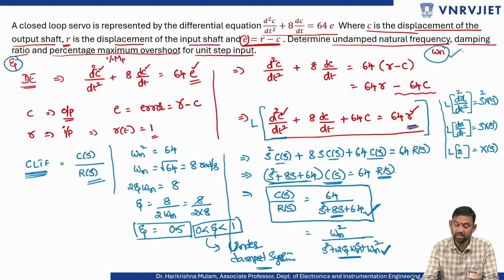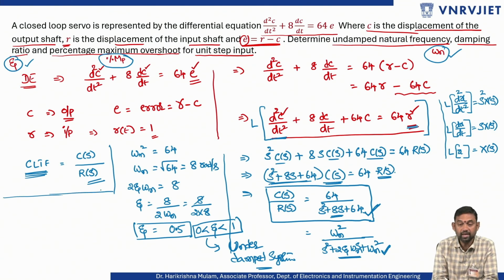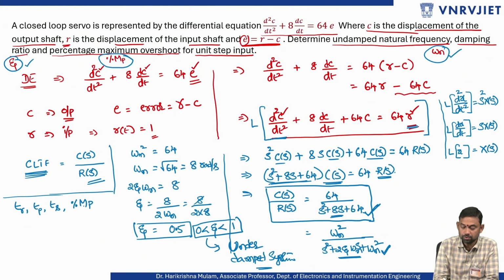So we have found omega n, we have found zeta, and now we need to find the percentage overshoot. We know that we have mainly 4 time domain specifications. One is rise time, the second one is peak time, next one is settling time, and one more is percentage overshoot.